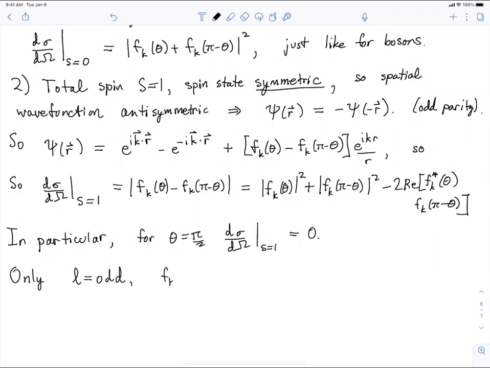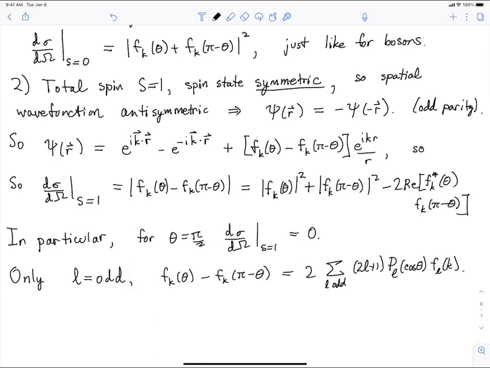So f_k of theta minus f_k of pi minus theta is 2 times the sum over only the odd combinations. So there's our 2L plus 1 times our Legendre polynomial, and then this really defines what the scattering amplitude coefficients have to be.